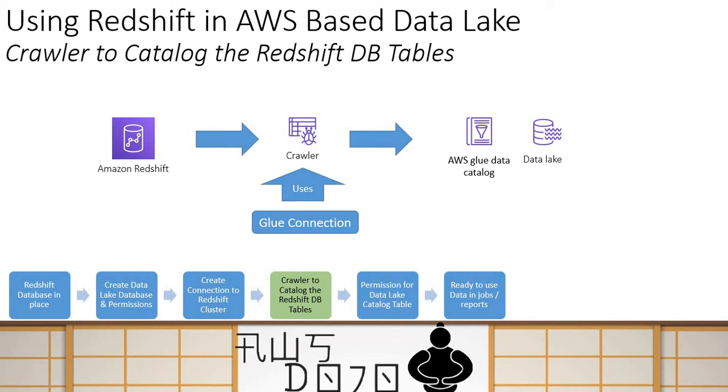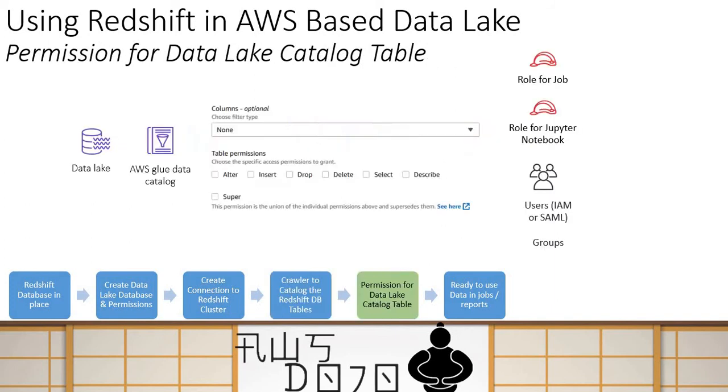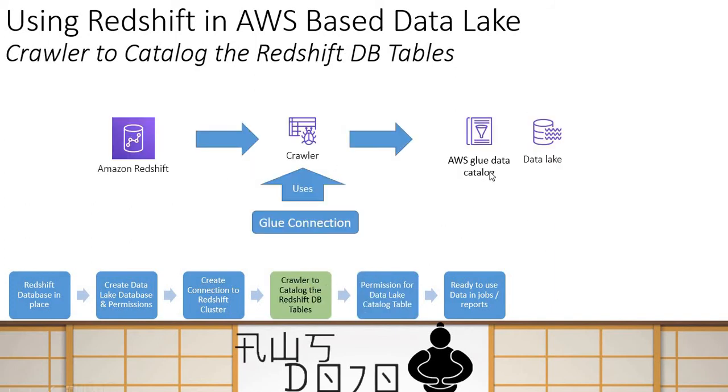That means it provides a way to discover your data. And second, of course, you can also access your actual data using this data catalog. Okay, so in this step we catalog the data.